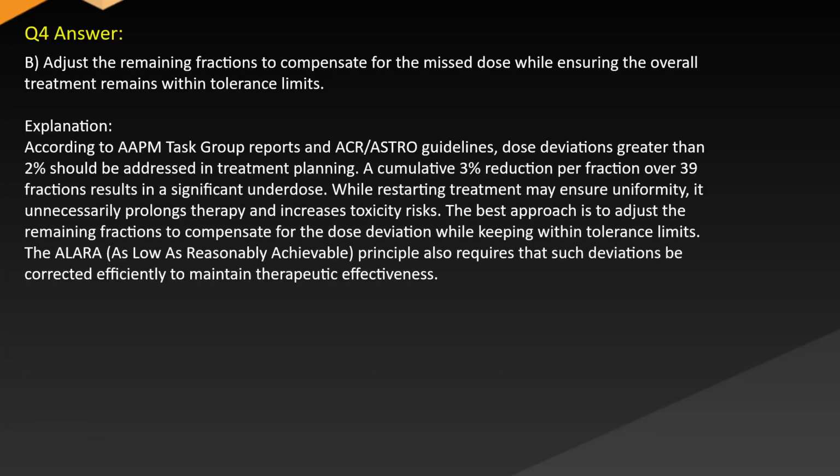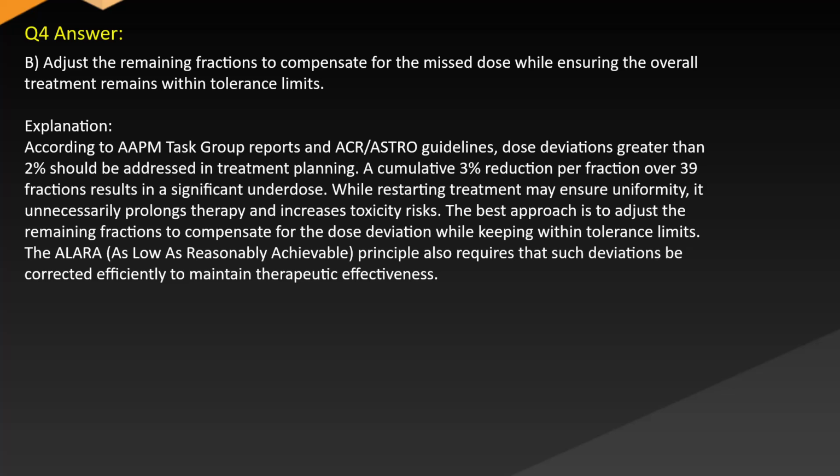Answer. B. Adjust the remaining fractions to compensate for the missed dose while ensuring the overall treatment remains within tolerance limits. Explanation. According to AAPM task group reports and ACR-ASTRO guidelines, dose deviations greater than 2% should be addressed in treatment planning.